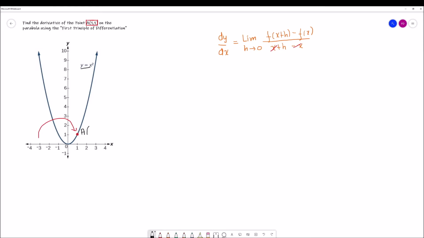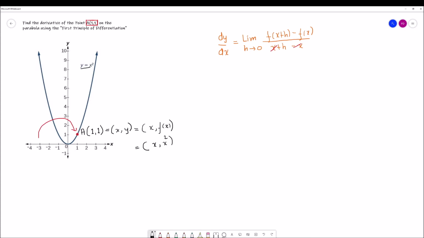So our A is 1 and 1, where x is 1 and y is also 1, and we can also say that y is a function of x. Correct? There should be no problem at all. Okay? And we can also say that this is actually equal to x squared, because that's how we get y, x times x, right?